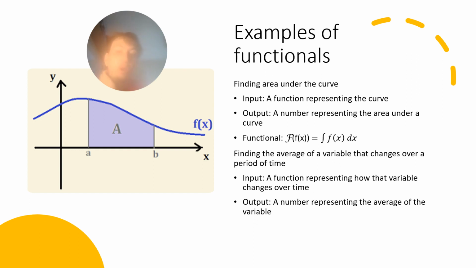And then as an output, you'll get a number representing the average of the variable. The functional looks something like this, where we're finding the average of the variable between t equals 0 and t equals tau, that curly T is a tau, and the variable that we're finding the average value of is k, and k is a function of t because k is varying with time.